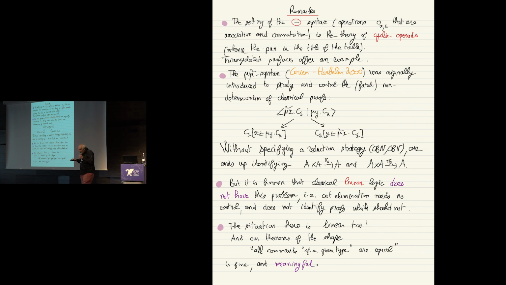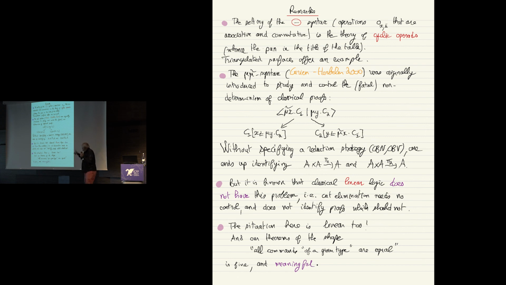But it is also very well known that linear logic solves this issue by being linear or by controlling what is not linear. And here we are in a linear setting.